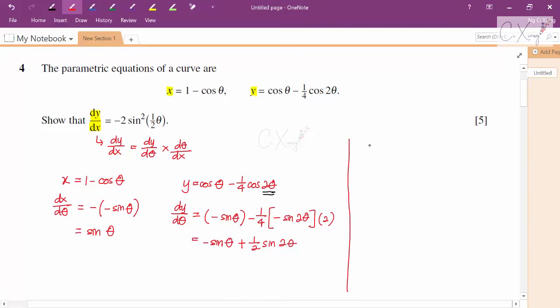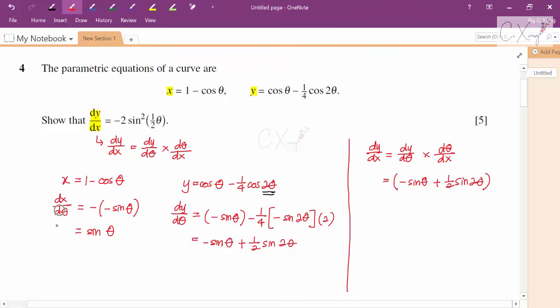Okay, so to get the dy dx, I need to apply the chain rule. So dy dx is actually equal to dy over d theta multiplied with d theta over dx. So what is dy d theta? This is my dy d theta: negative sine theta plus half sine 2 theta, multiplied with d theta dx.